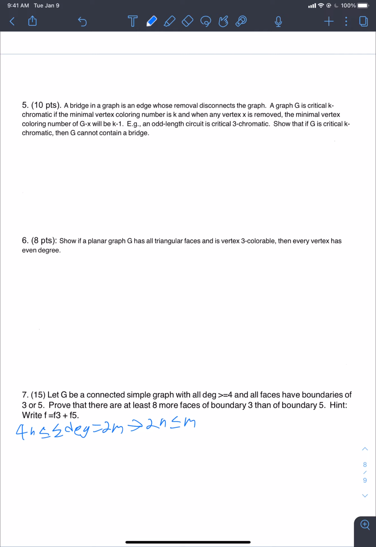Then we have good old Euler's formula, and we'll need to do a couple of operations with this one. Moving the n to one side, n is equal to 2 plus m minus f, and then multiply by 2.